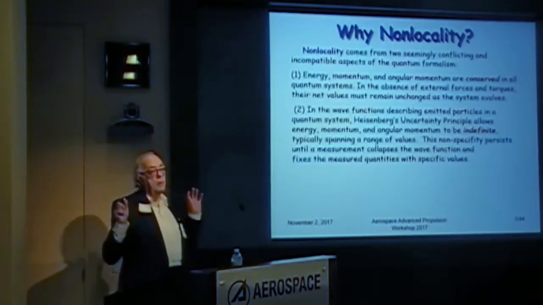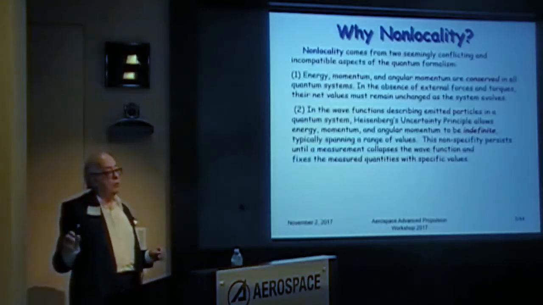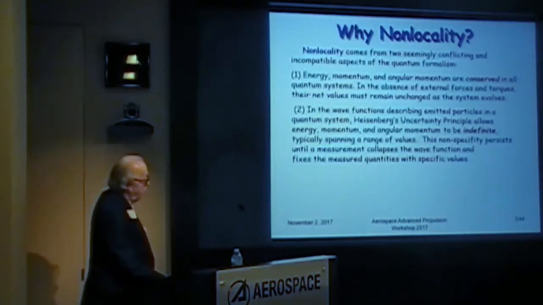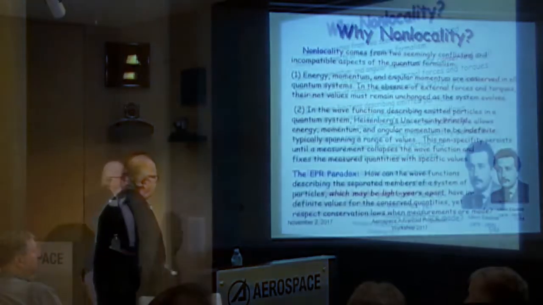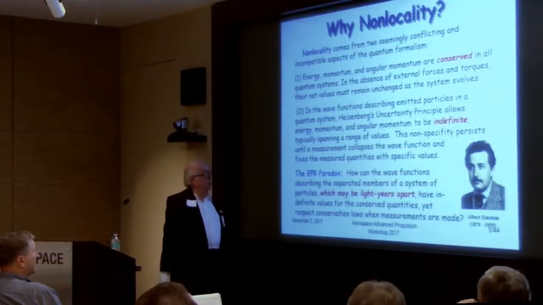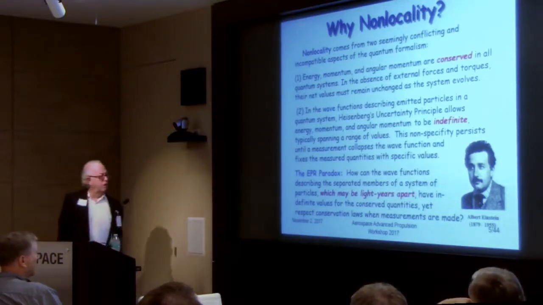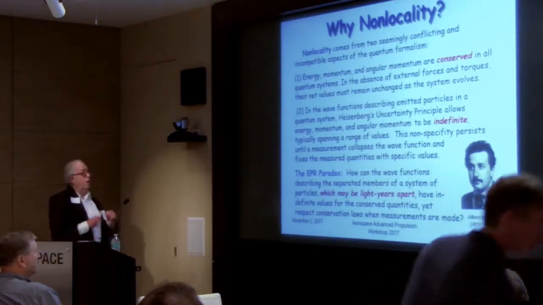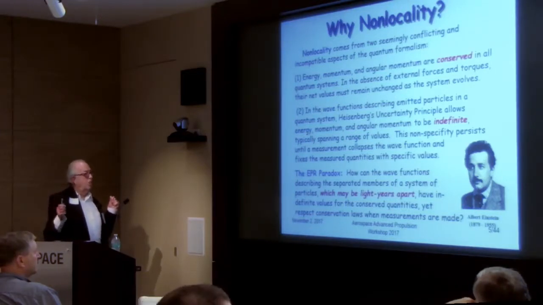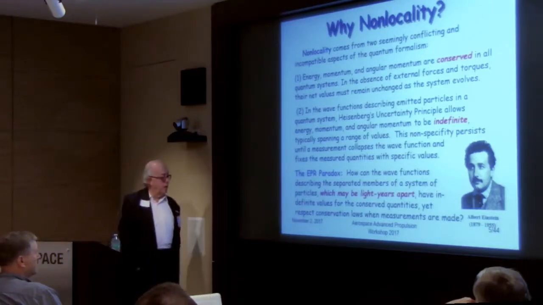And this is a real problem in a multi-body system because measurements in various places all have to agree in order to make the conserved quantities work out. And this is the nature of the EPR paradox. Einstein, Podolsky, and Rosen pointed out that there was this problem in quantum mechanics in about 1935, where these system components have to observe these conservation laws, even though they could be light years apart when the measurements are made.